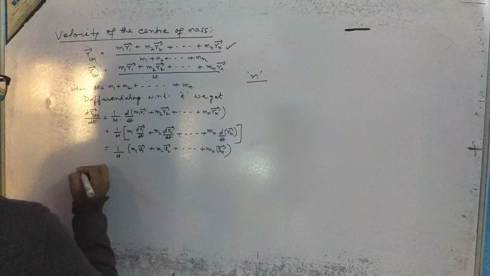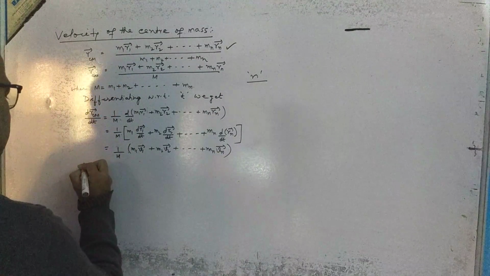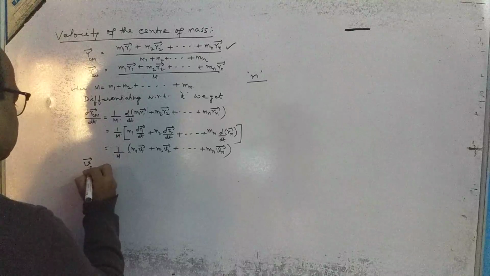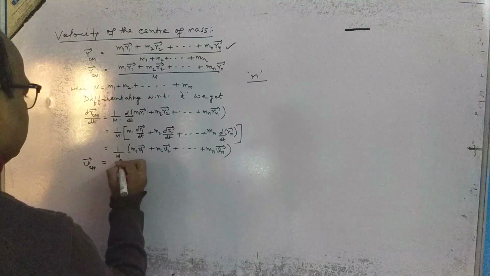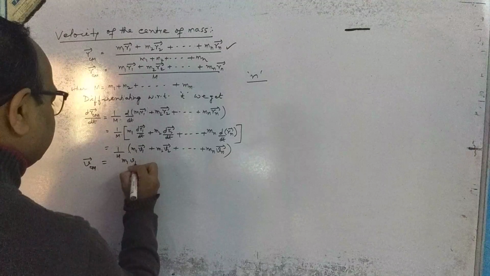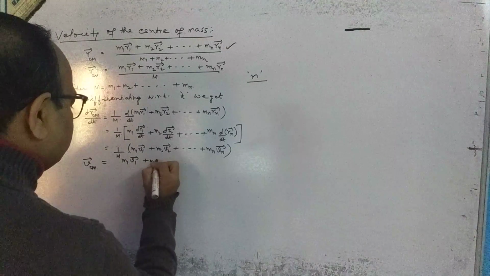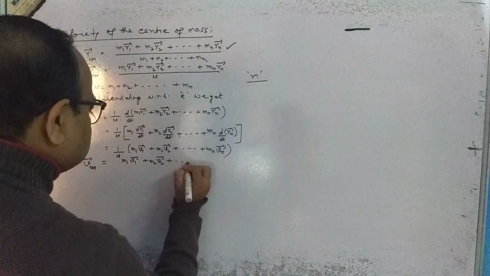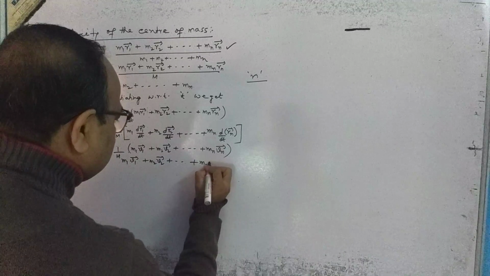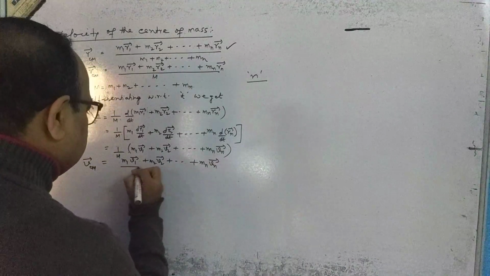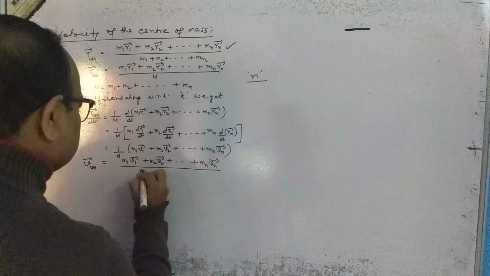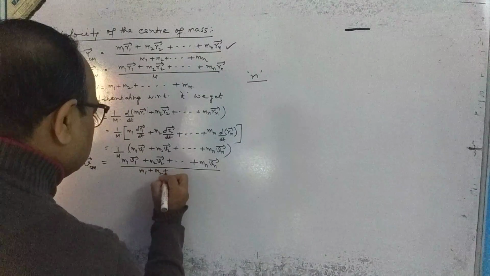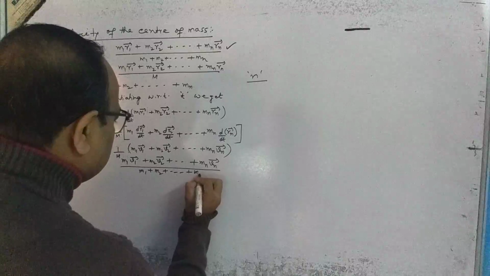Or finally I can write that V vector CM, the velocity of the center of mass, is equal to m1 v1 vector plus m2 v2 vector plus and so on mn vn vector divided by, in place of M as usual, m1 plus m2 plus and so on up to mn.